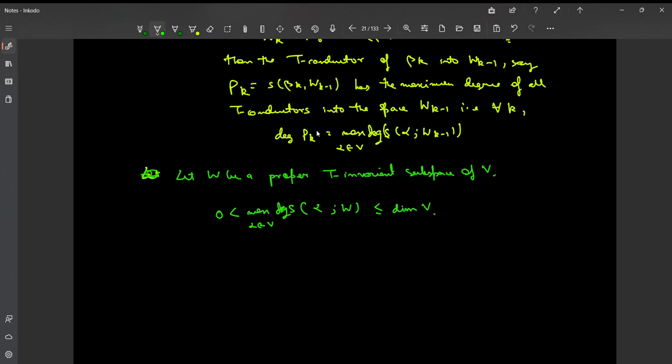Clear? Therefore, we can choose a vector beta such that this maximum is attained.